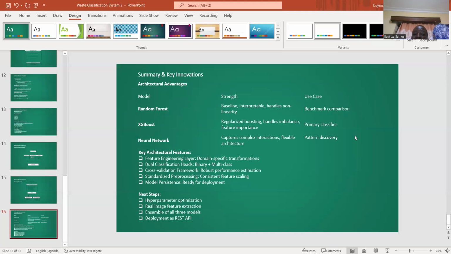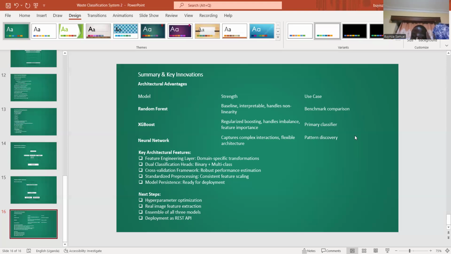When we look at the key features involved in the architecture, we have the feature engineering layer for domain-specific transformations. Then we have the dual classification, that is binary put together with multi-class. Then we have the cross-validation framework that puts up a robust performance estimation. Then we have the standardized preprocessing for consistent feature scaling.